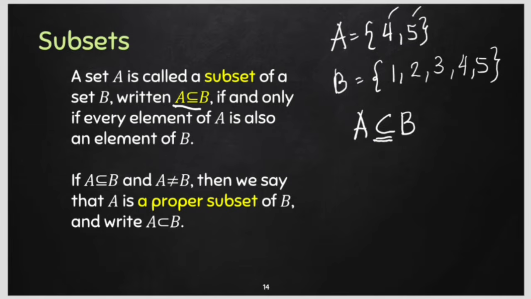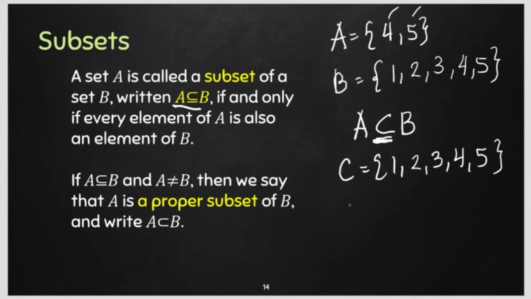This dash below also indicates that it could be equal. So let's say, for example, C is {1, 2, 3, 4, 5}. And if you notice, B and C are equal sets. They have exactly the same elements.